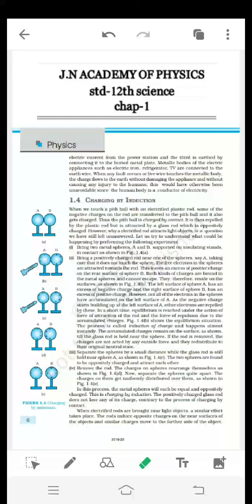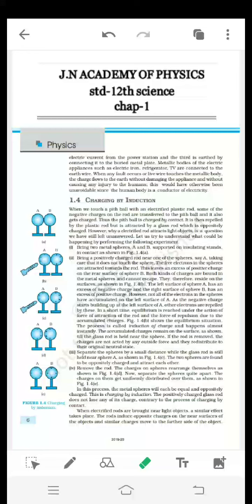The free electrons in the spheres are attracted towards the rod. This leaves an excess of positive charge on the right surface of sphere B. Both kinds of charge are bound in the metal spheres and cannot escape, and they therefore reside on the surfaces, as shown in figure 1.4b in your textbook.